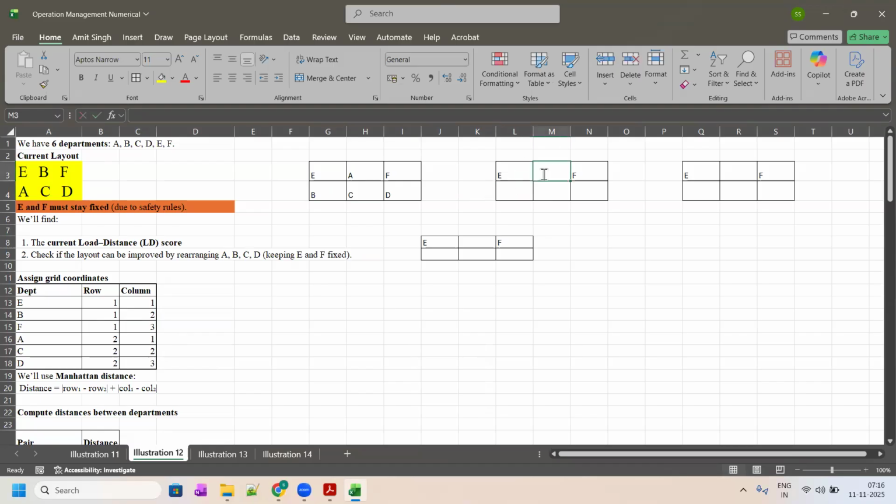Now I have interchanged the position of C and D instead, keeping A and B in place. Then I can interchange A and B and, at the same time, interchange C and D. Any other possibility?